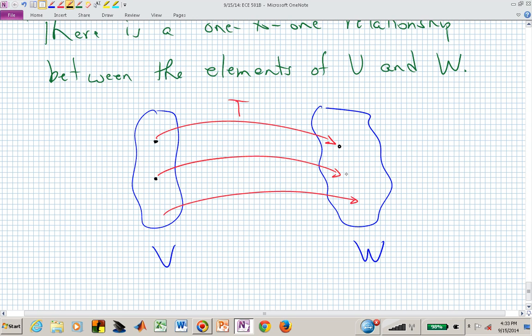If we start here, we're going to end there. We start there, we're going to end there. We're not going to the same point from two different locations in our domain.